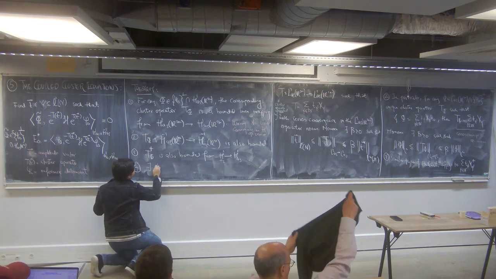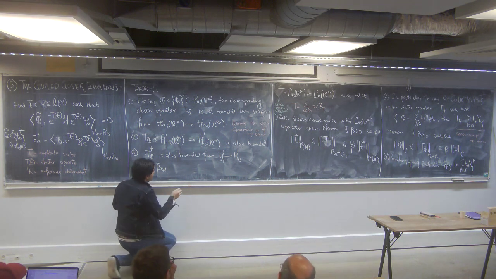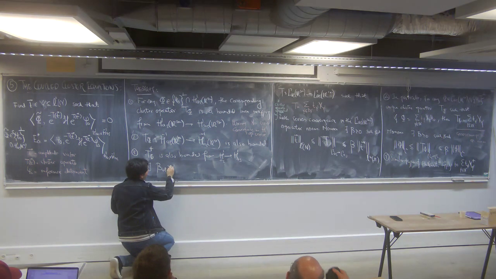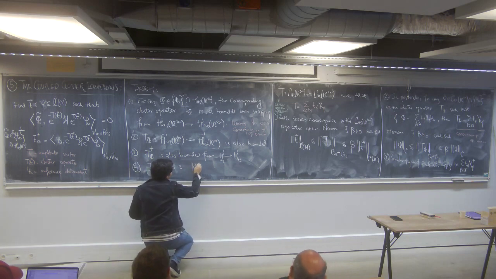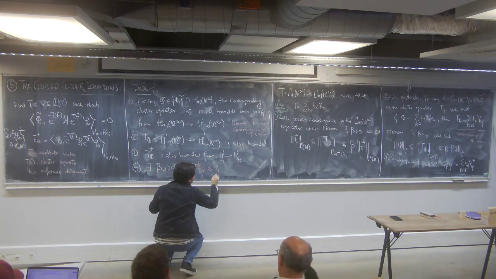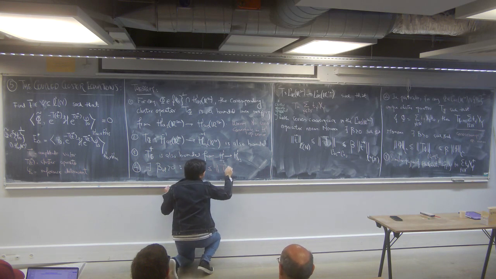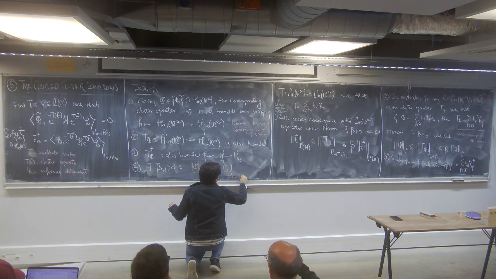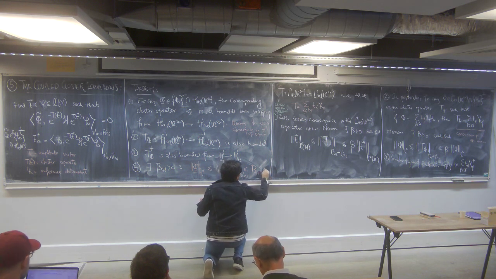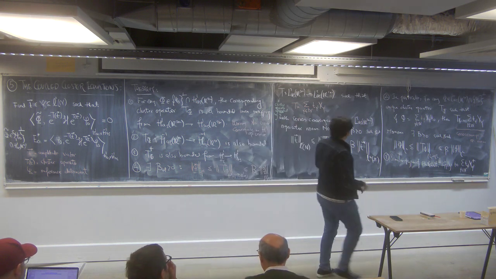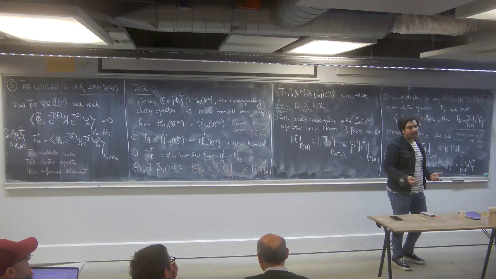There exists another constant, which I call beta h, because now we're talking about the H1 norm, greater than 0, such that the H1 norm of phi is less than or equal to the operator norm of T phi as a mapping from H1 to H1, which is less than or equal to this constant times the H1 norm of phi. So it's exactly the sort of result that we had over here, just with a different constant.